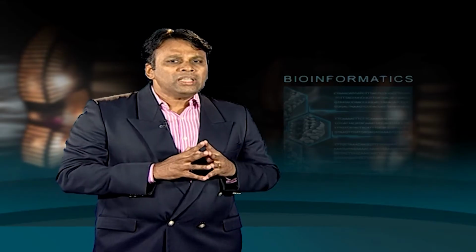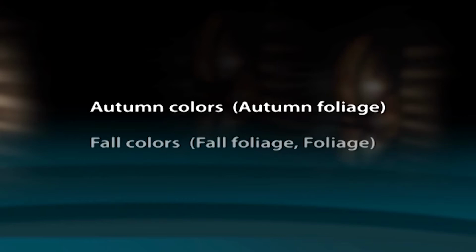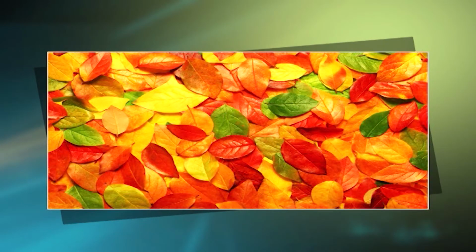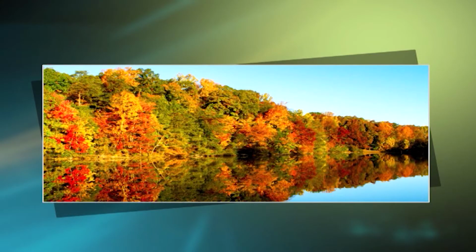The phenomenon is commonly called autumn colors or autumn foliage in British English and fall colors, fall foliage or simply foliage in American English.